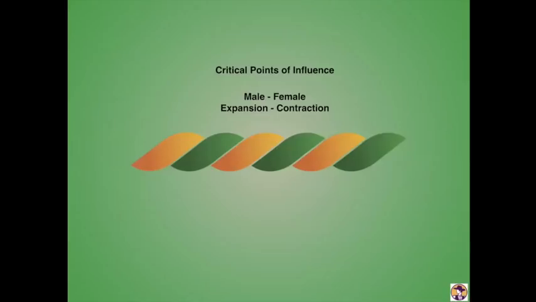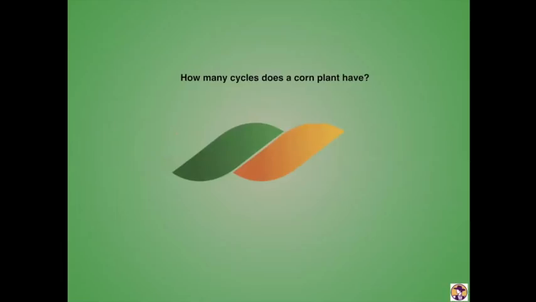So let's look at what some of this might look like for various crops. If you think of a corn plant, how many cycles, how many switches from vegetative to reproductive would you anticipate that a corn plant might have?